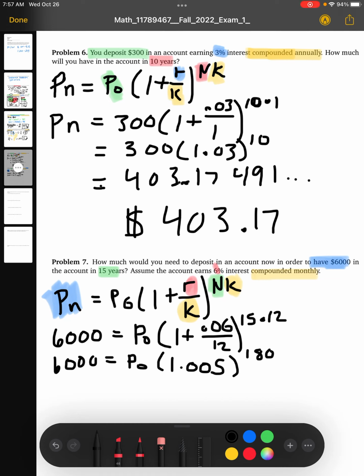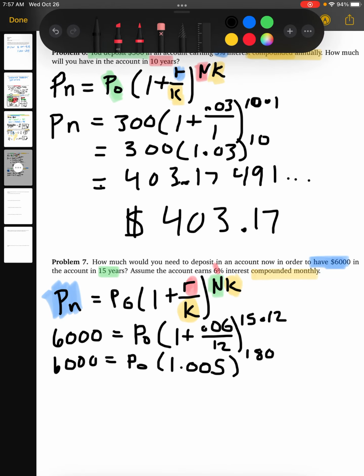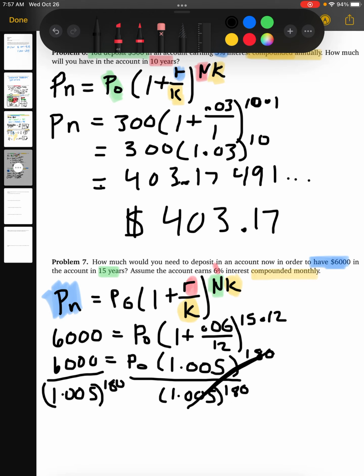And now I'm trying to solve for PO. So what I'm going to do is divide both sides of this little equation by 1.005 to the 180. And that's going to cancel out, and that's going to tell me what PO is.